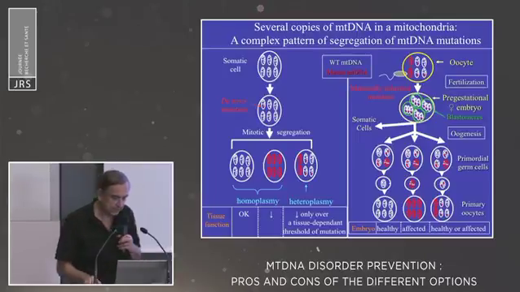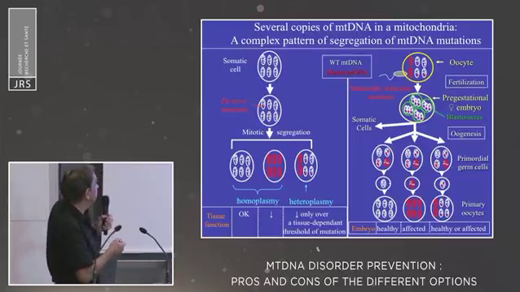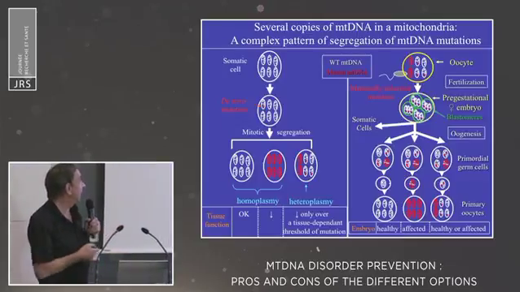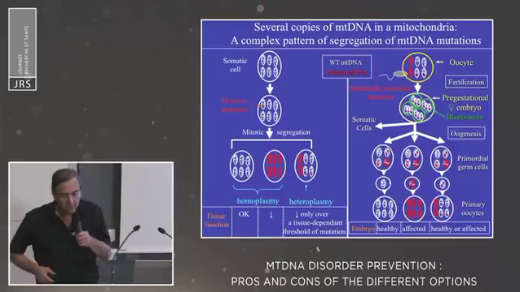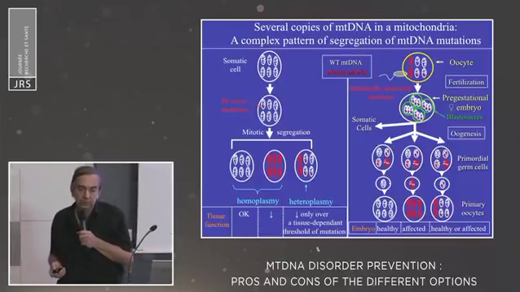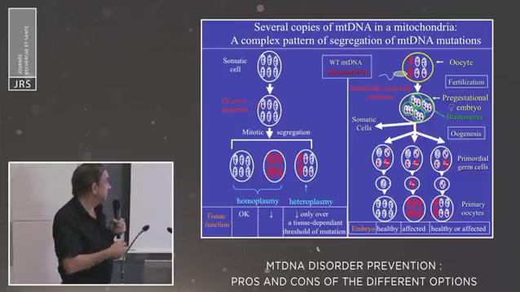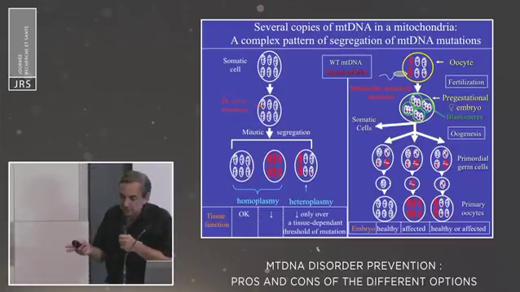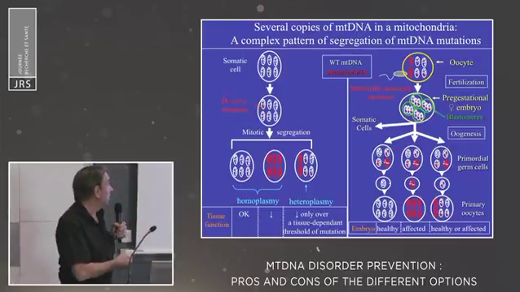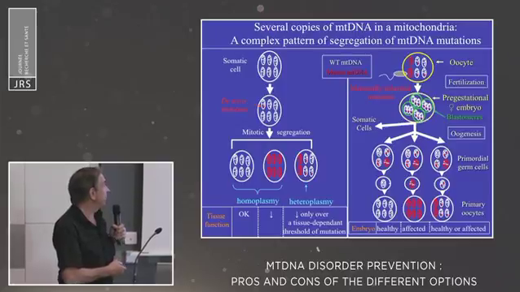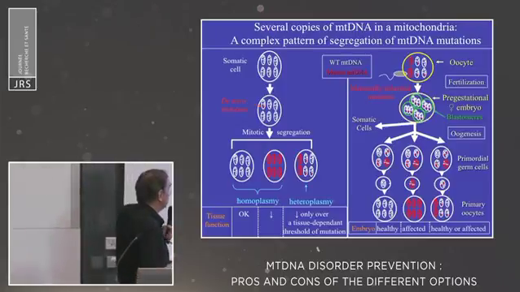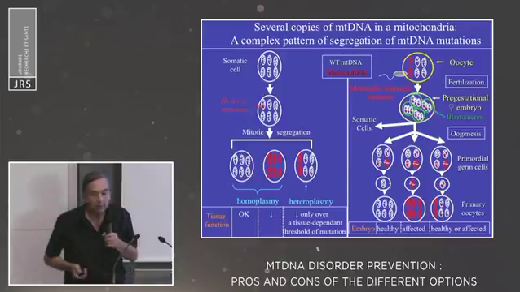For instance, when a de novo mutation occurs in a somatic cell, due to the random distribution of mitochondria during mitosis, you can obtain various proportions of cells that could have either only one population of mtDNA, the so-called homoplasmy, and also a majority of cells that are heteroplasmic.